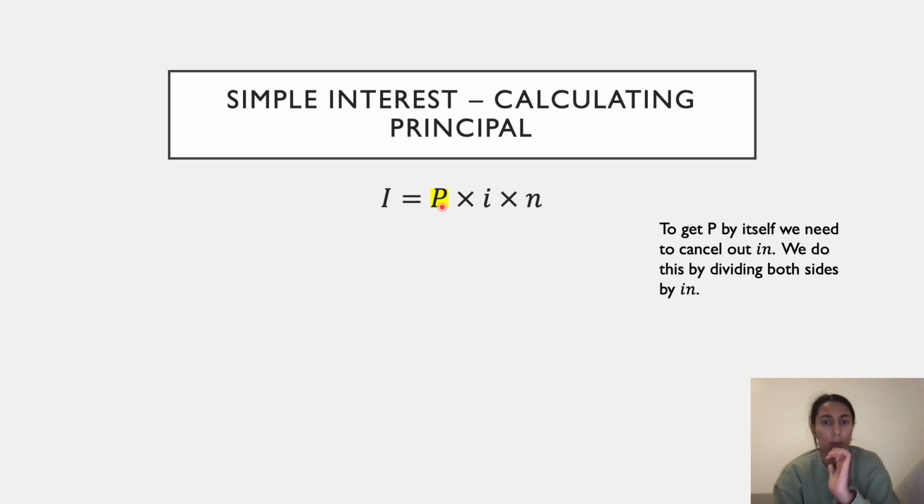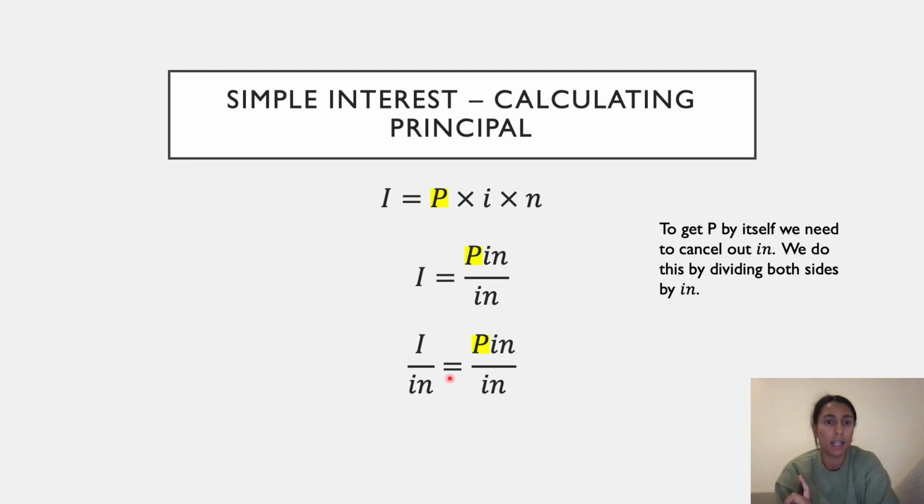When we rearrange equations, we can do anything as long as we do it to both sides of the equation. So the opposite of multiplying is dividing. So I'm going to divide the right hand side by IN because that's what I want to cancel out, which means I also need to divide the left hand side by IN. So it would look like this.